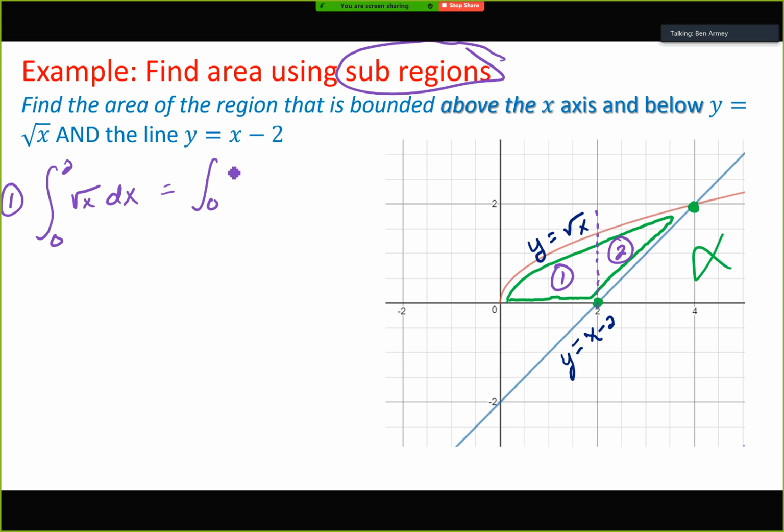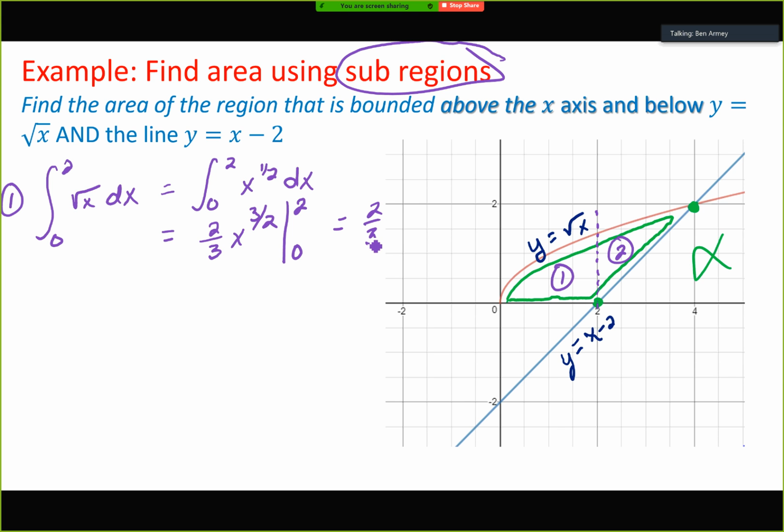So this is really the integral from 0 to 2 of x to the 1/2 dx. What's the antiderivative of x raised to the 1/2? So 2/3 x to the 3/2 evaluated from 0 to 2. I don't really have to worry about the 0 because that becomes 0.